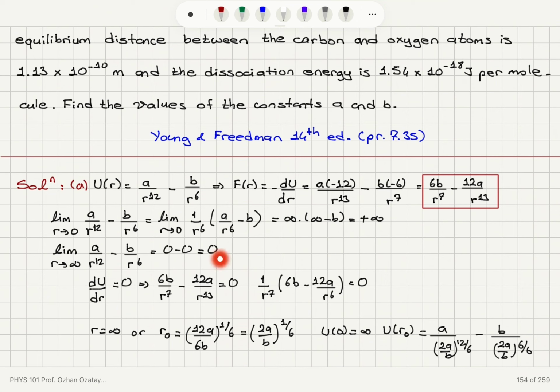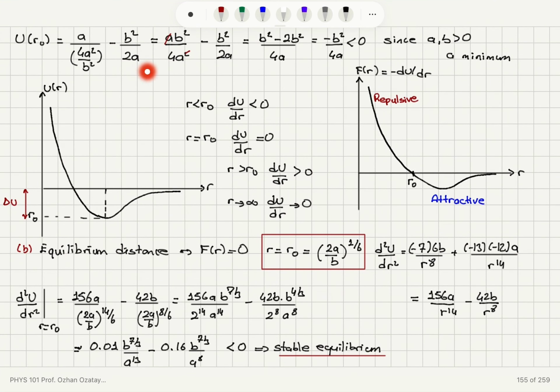As R goes to infinity, I find that it goes to 0. To find the extremum point of this function, I take a derivative with respect to R and set it equal to 0, which means the force is equal to 0, the equilibrium point. So I find the equilibrium point R0, and then I evaluate the potential energy function at the equilibrium point to find its value is negative, minus b squared over 4a.